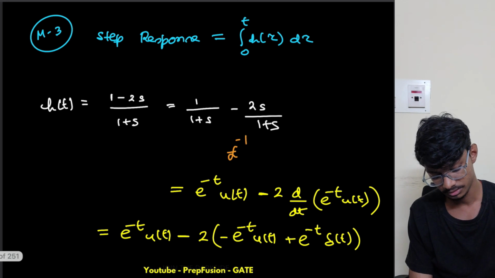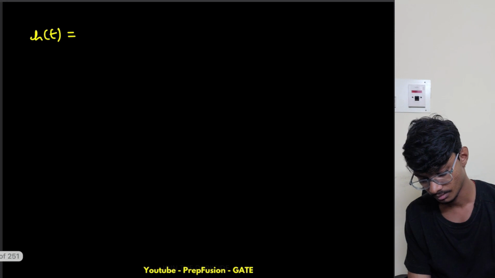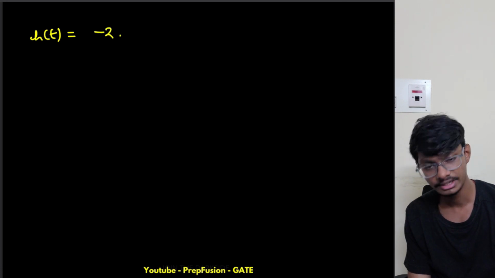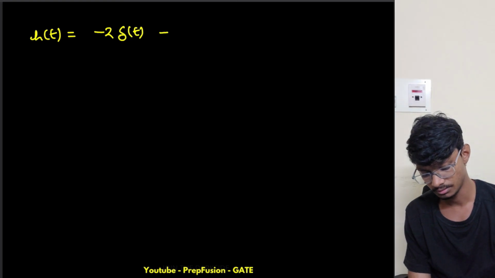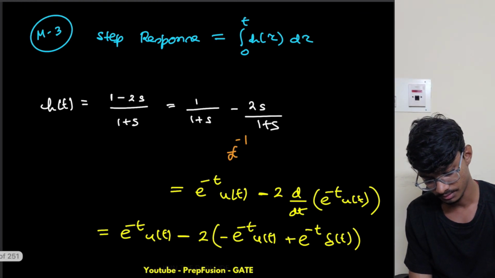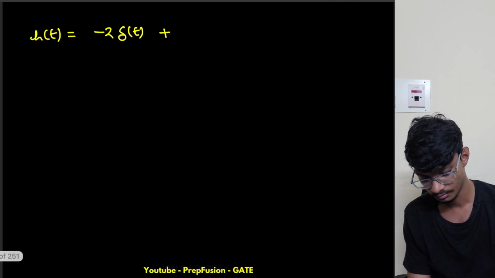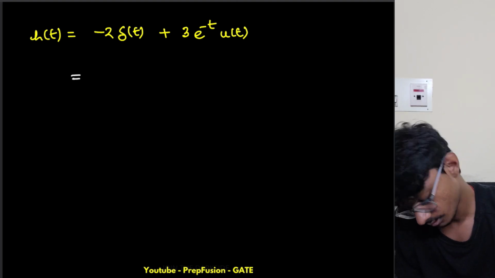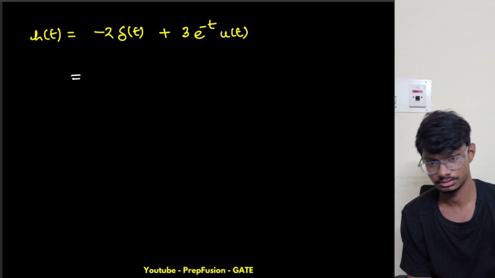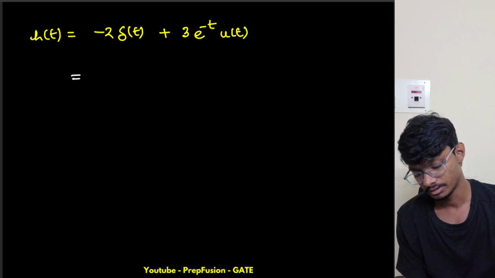There we have minus 2 multiplied, right? So it will become minus 2, like e raised to power minus t at t equals to 0 becomes 1. So we're only left with the delta signal, plus this becomes minus minus plus, and this is also plus e raised to power minus t. Okay, so now we have to do the integration, right? So that gives the step response.